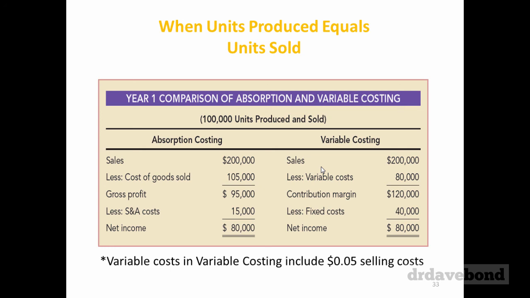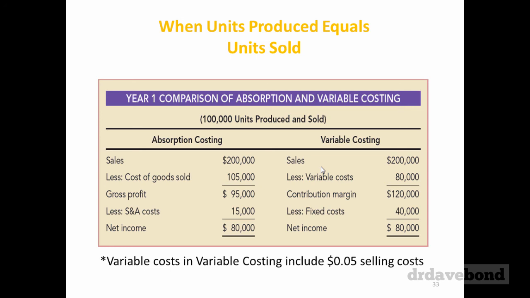Now variable costs per unit here equal 80 cents. It's the 75 cents of product variable costs and the 5 cents of sales and admin variable costs. So we don't care what type of variable cost. It's just a variable cost is 80 cents.